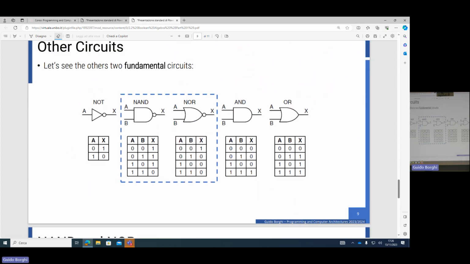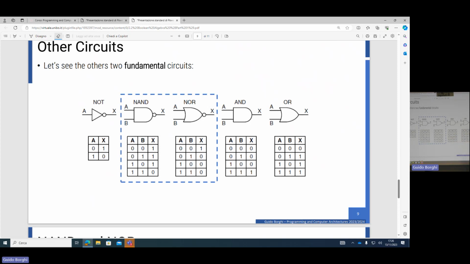As I mentioned, we don't use AND and OR in modern computers. We use only NOR and NAND, since in this way we save space. You can memorize only the logical behavior of AND and OR. Remember that for NOR and NAND, you have to invert all the bits in output, since you are applying a NOT gate on the OR.